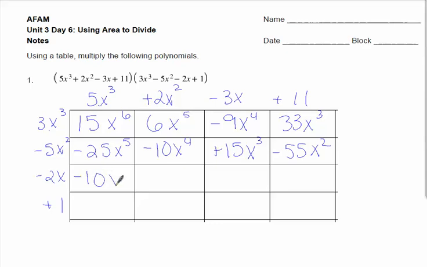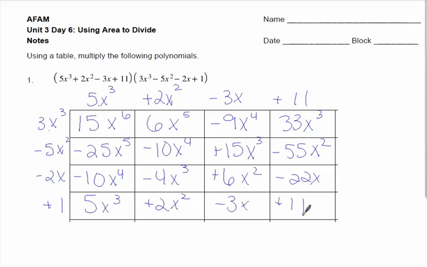Negative 10x to the 4th, negative 4x to the 3rd, positive 6x squared, and negative 22x. This one is just a times 1, so really I'm just copying that. That doesn't always happen. Okay, so take a second, double check me, make sure I did everything right.